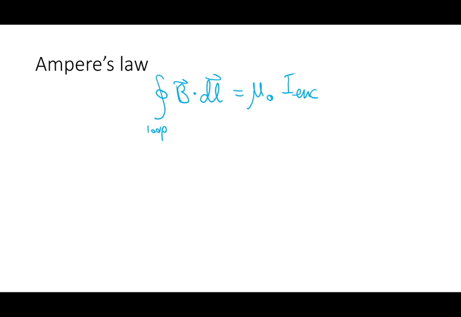Now, along with this comes the need to consider the direction a little more carefully. So let's look at that same situation again, right? For a wire coming straight out of the page, we have the magnetic field going counterclockwise by the right-hand rule.